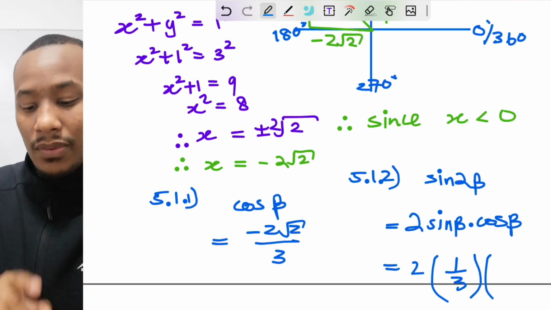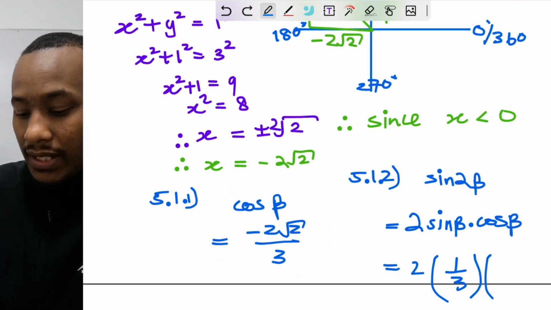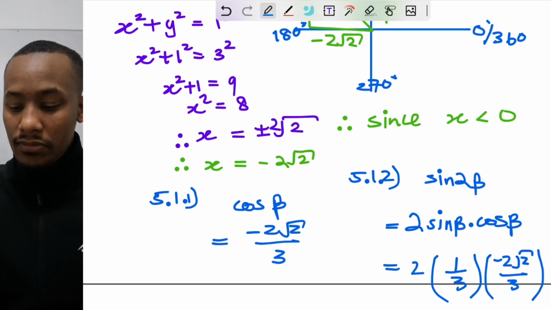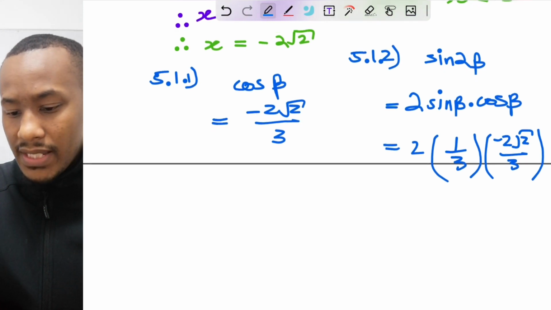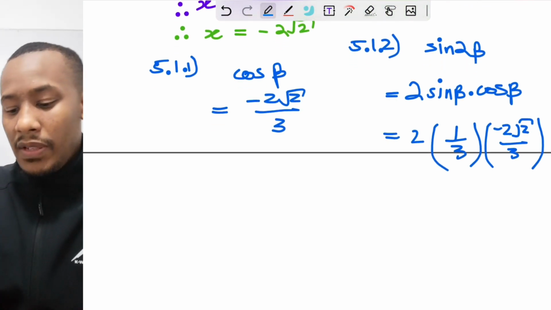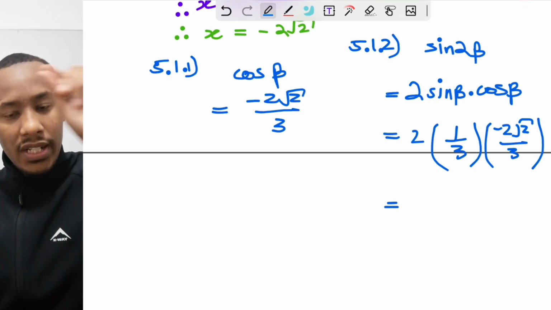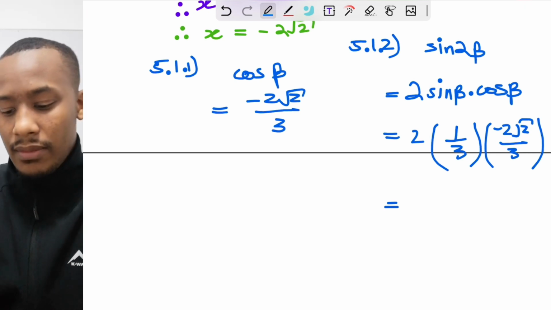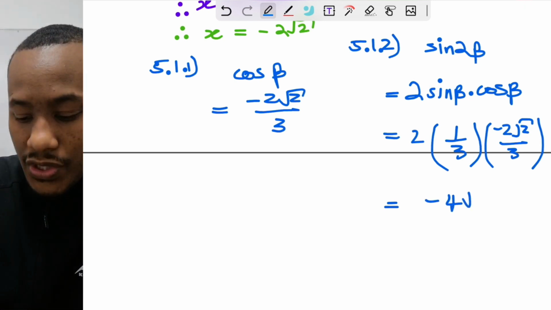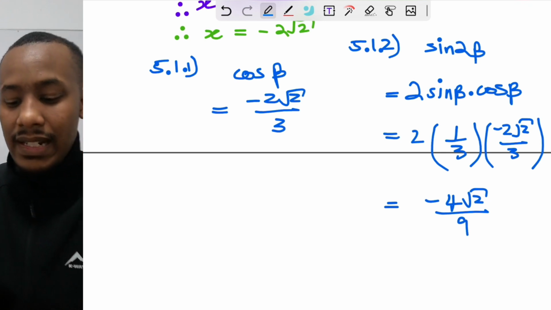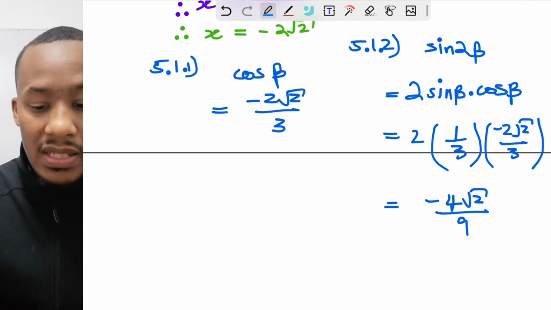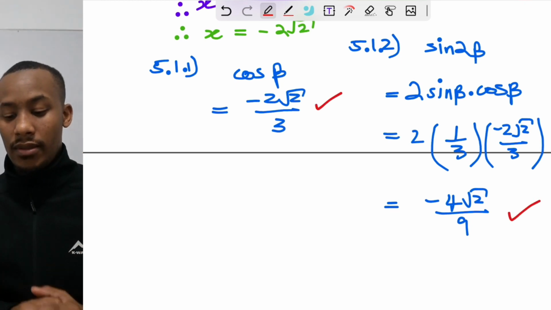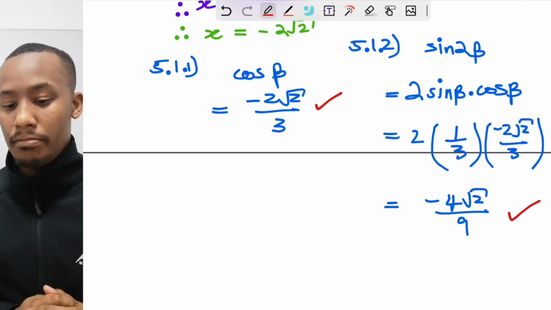And then cos beta we calculated earlier, that is negative 2 root 2 over 3. When you simplify all of this, just multiply the numerators together, the 2 with the 2 and the square root 2, and then the 3 with the 3. That gives you negative 4 square root 2 over 9. It can't be simplified any further than that, so that is your final answer: negative 4 root 2 over 9.